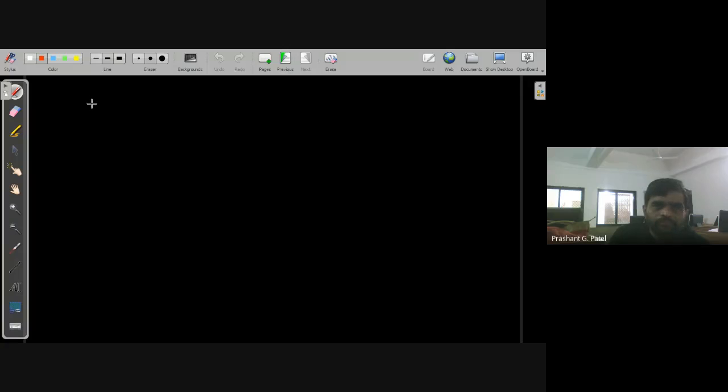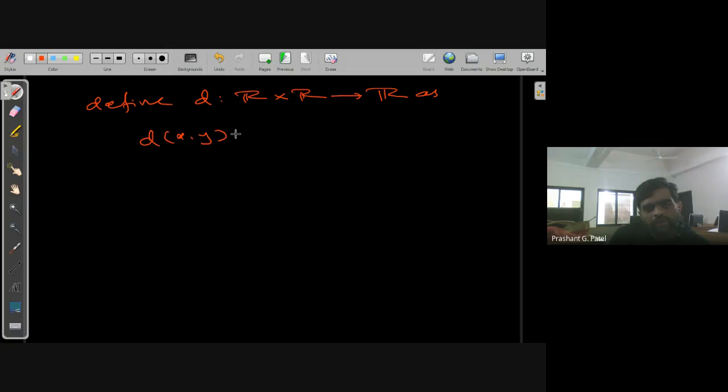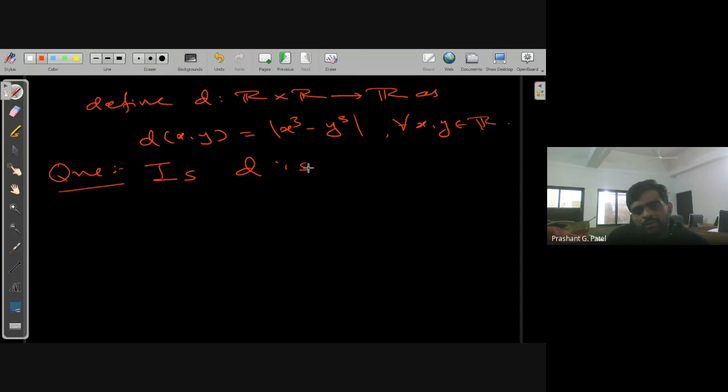That is, if I define d from R cross R to R as d of (x, y) equal to |x cube minus y cube|, instead of x square minus y square, for any x, y belonging to R. Question: is d a metric on R?